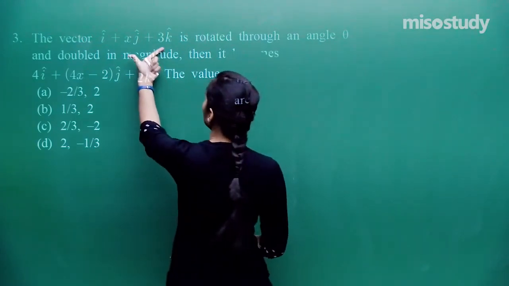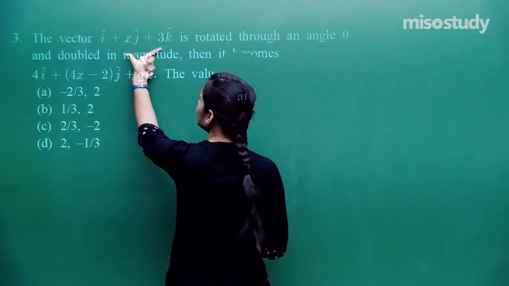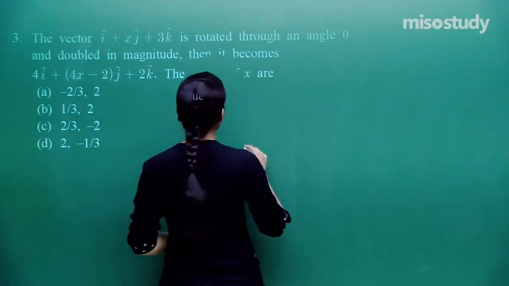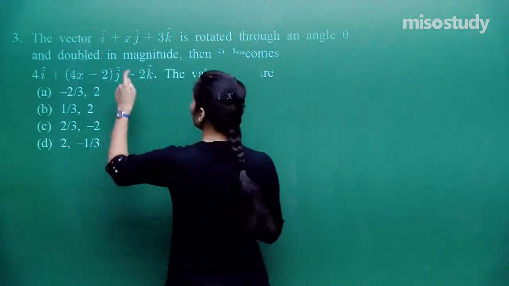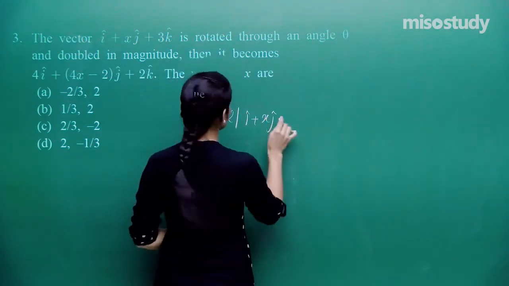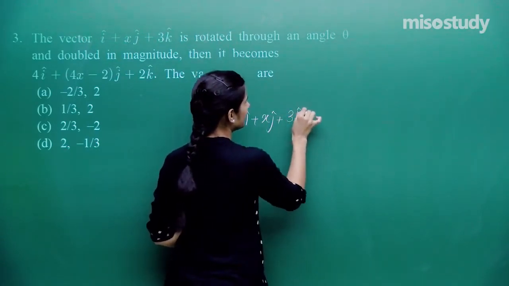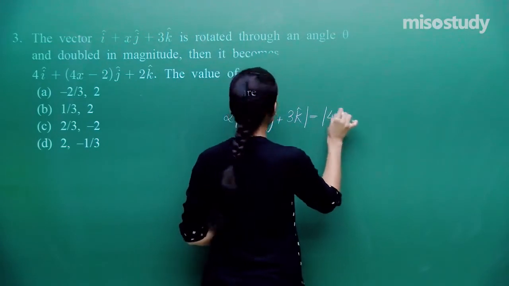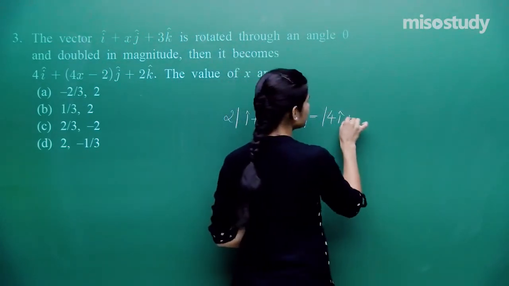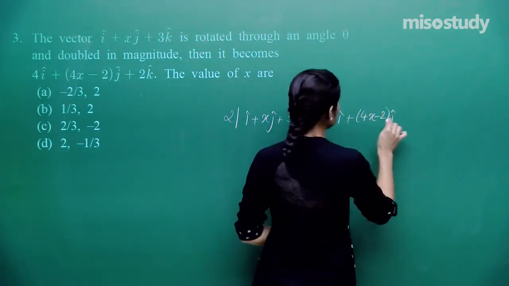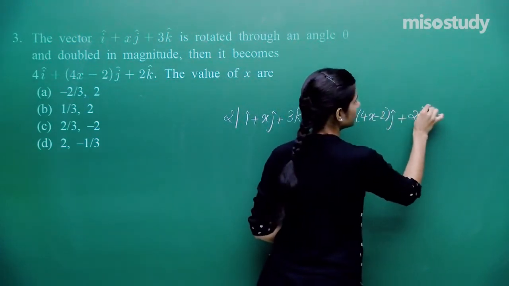So, the very vector, when it is doubled in magnitude, the magnitude comes out to be equal to the magnitude of this vector. That means twice of magnitude of I cap plus x j cap plus 3k cap is equal to the magnitude of 4 I cap plus 4x minus 2 j cap plus 2 k cap.